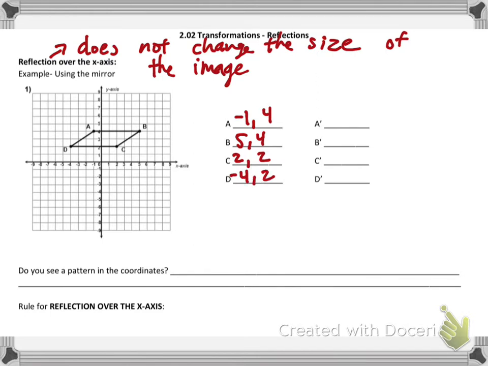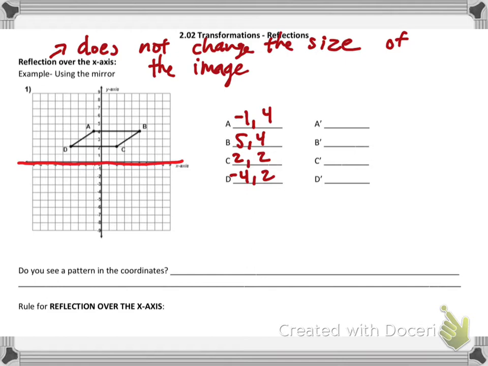Now, when you're reflecting across a line, so we're reflecting across the x-axis, we need to measure the distance from the point to the x-axis and then go the same distance away from the x-axis. So let's do that very slowly.